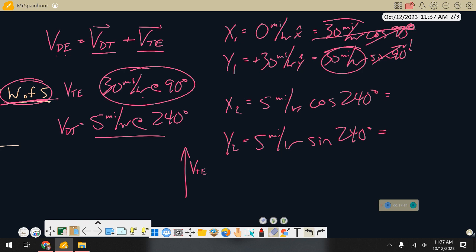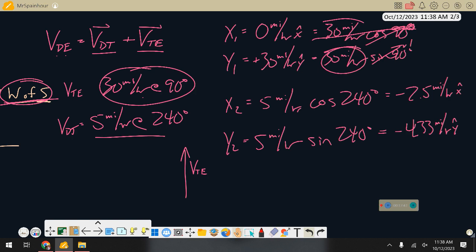So the x is probably going to be half that. It's going to be negative 2.5 if I'm not mistaken. 5 cosine of 240. Yep, negative 2.5, or half of 5. And the y is, well, I can't do square root of 3 over 2 in my head, so 5 sine of 240, negative 4.33 miles per hour in the y hat.